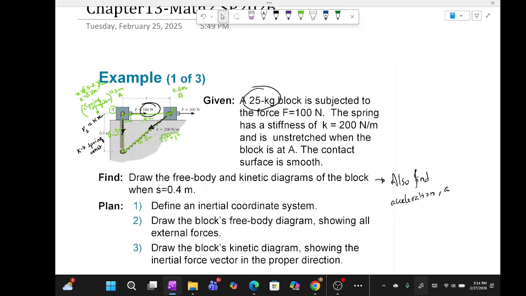Why am I saying that? This block is moving from here to here. It's in movement, right? There is a friction, kinetic friction, acting oppositely, right? So see how many forces there are? The applied force, the kinetic friction force, the spring force, the weight, the normal force.